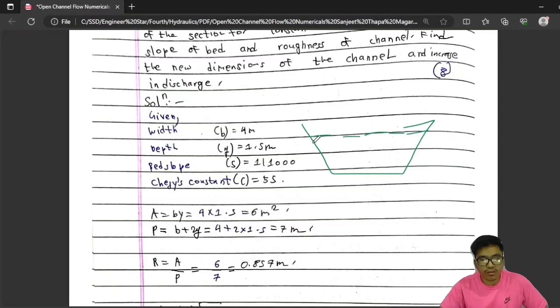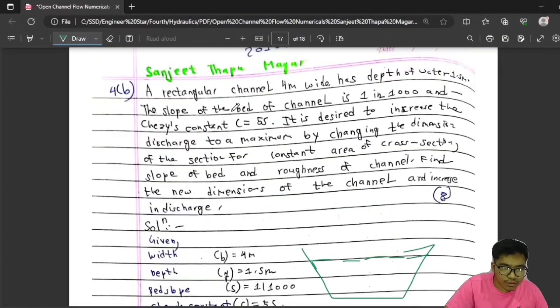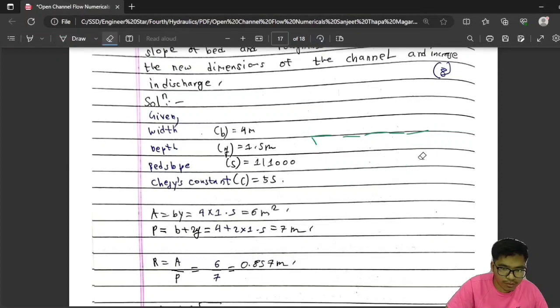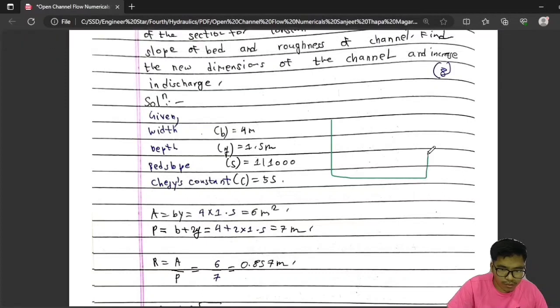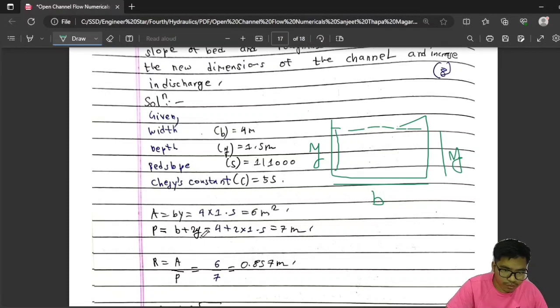This is a rectangular channel. Wetted perimeter is y plus b plus y, that is b plus 2y.